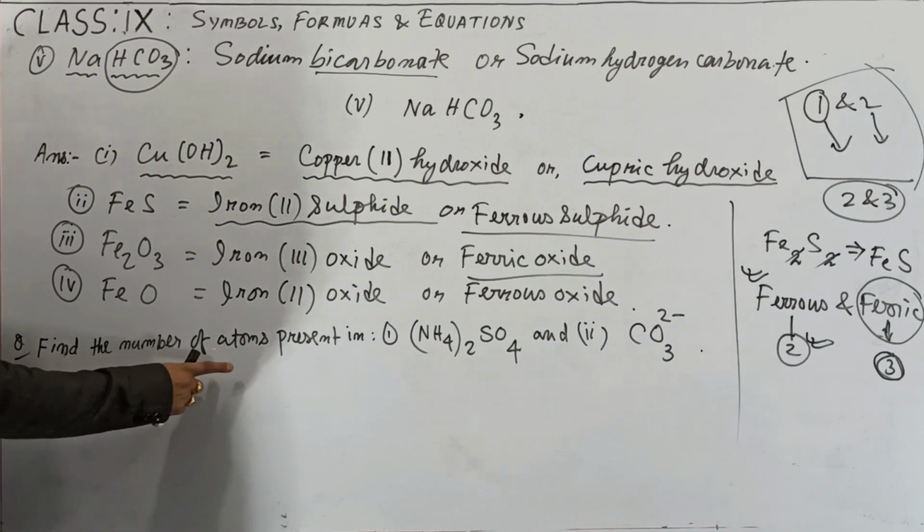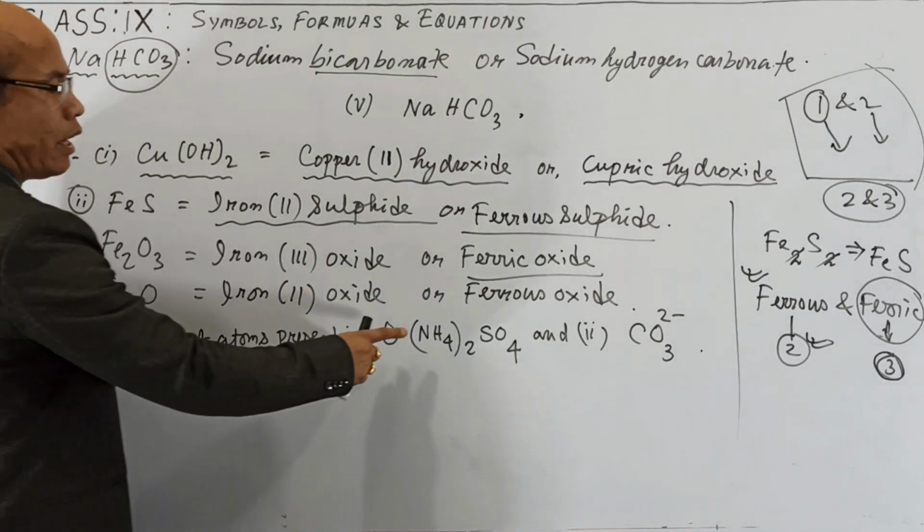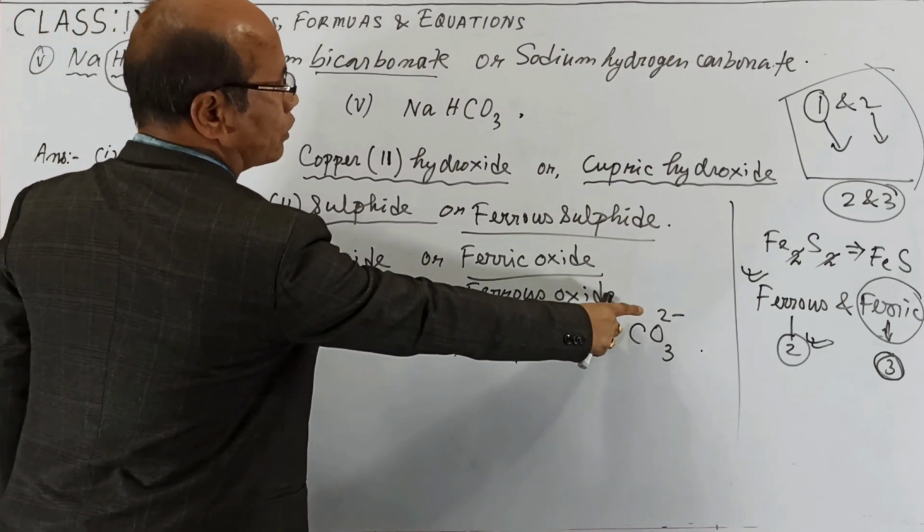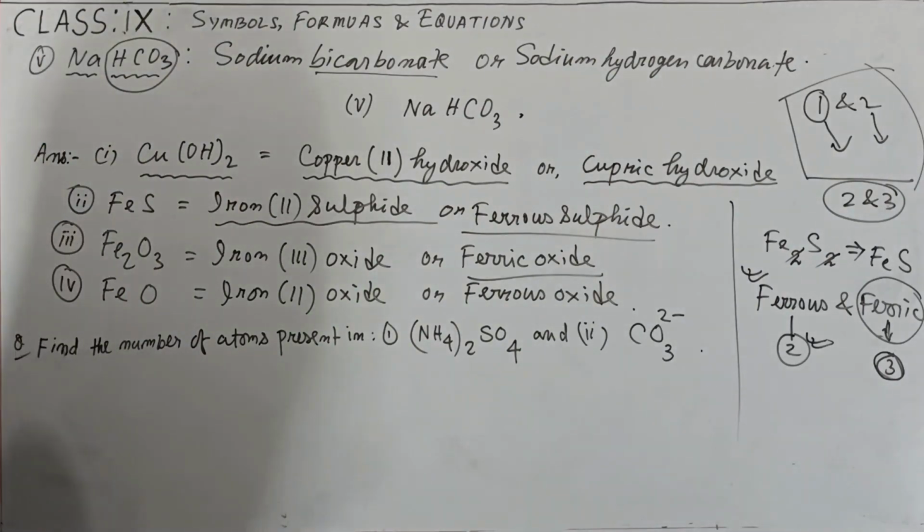Find the number of atoms present in Roman number 1, (NH4)2SO4, and Roman number 2, CO3 with 2 negative charge. Let us see.